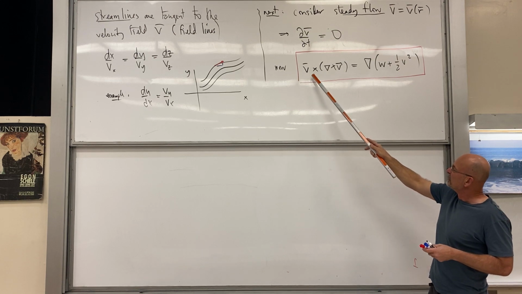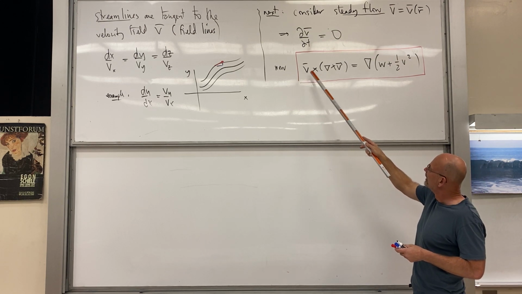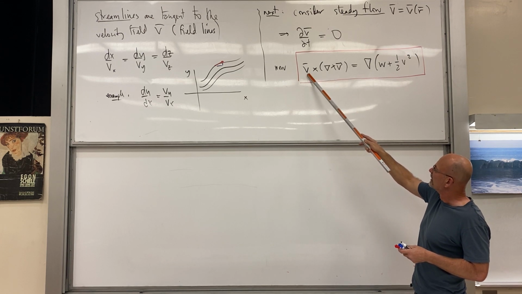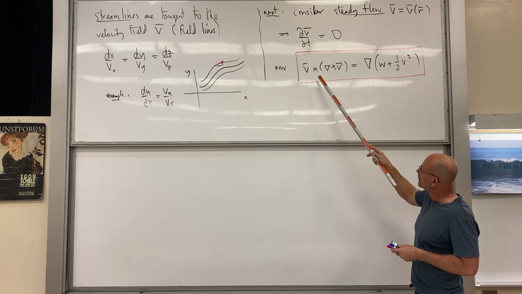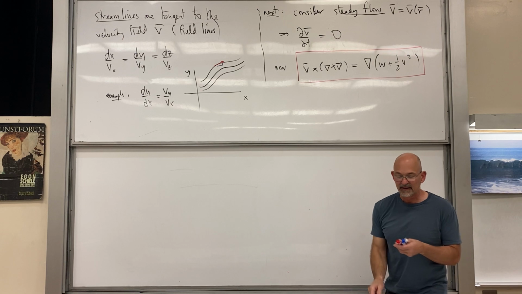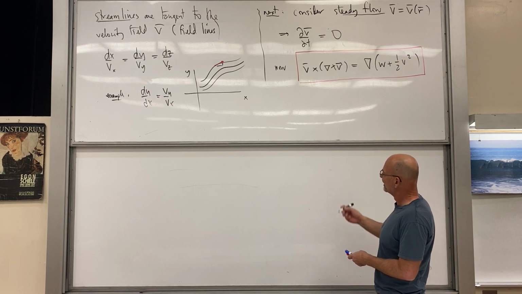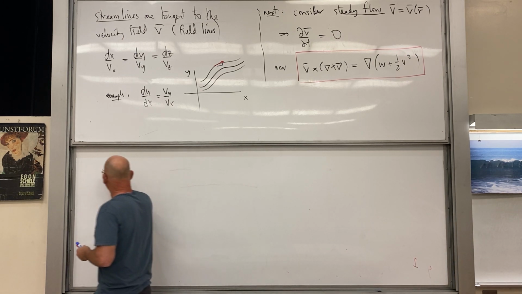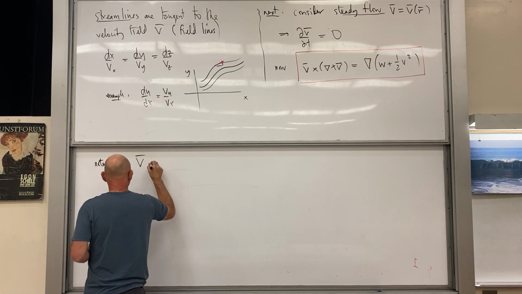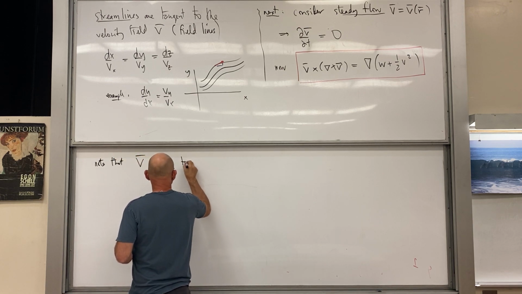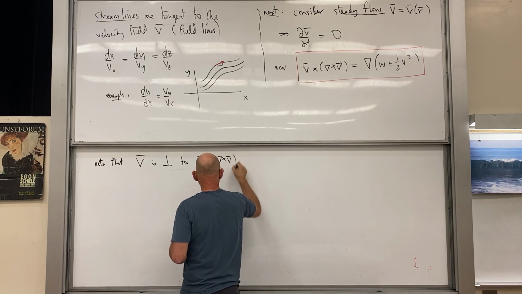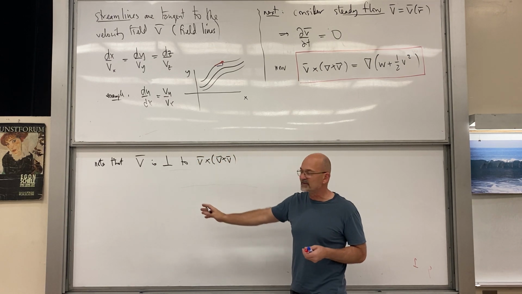Because V is perpendicular to this cross product. Therefore, the streamline is perpendicular to the cross product at any given point. So that is the important point here. Note that V is perpendicular to V cross curl of V, just by the definition of the cross product.